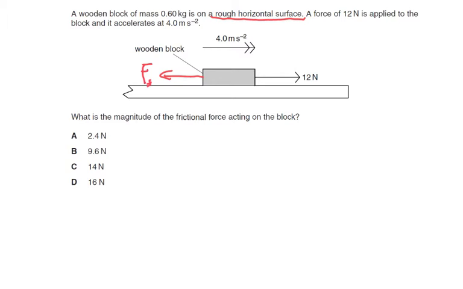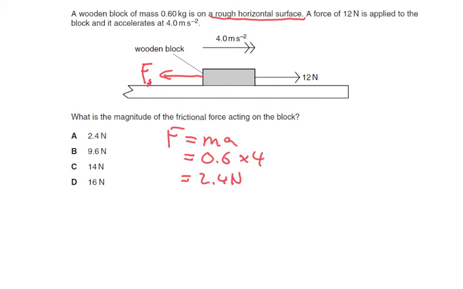Now, we know the net force is going to equal F equals ma. Now the mass is 0.6 and the acceleration is 4, so the net force is equal to 2.4 newtons.